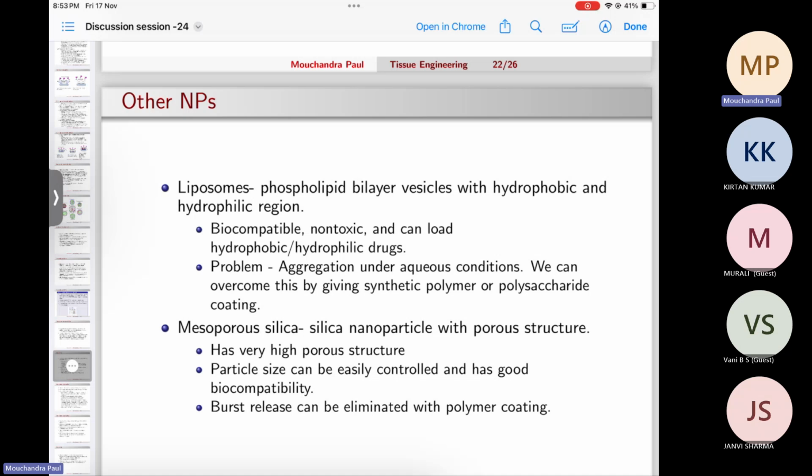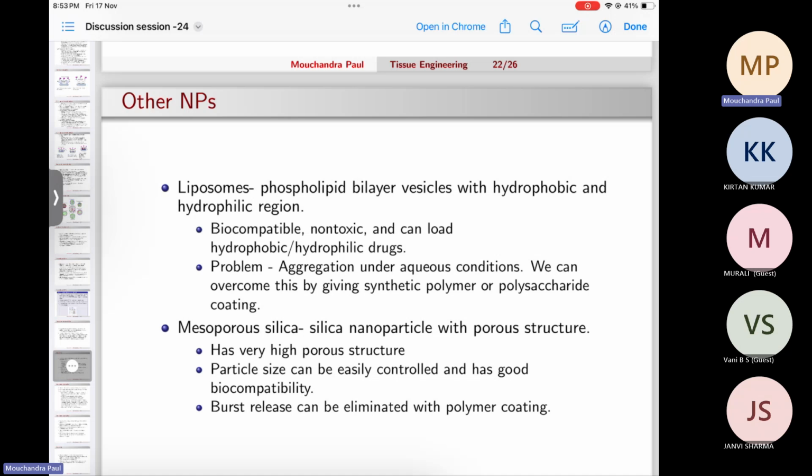The use of liposomes is preferred because people have seen that they are biocompatible for various applications. They are non-toxic, but the only problem is that they can aggregate under aqueous conditions.